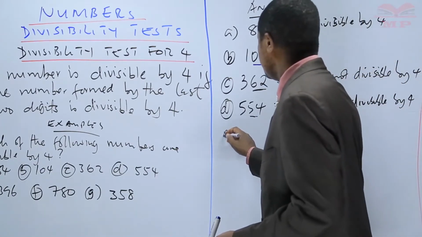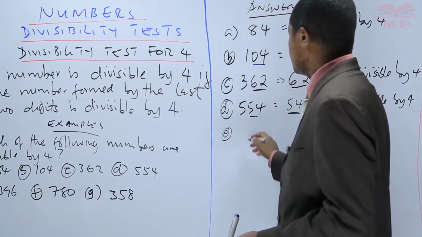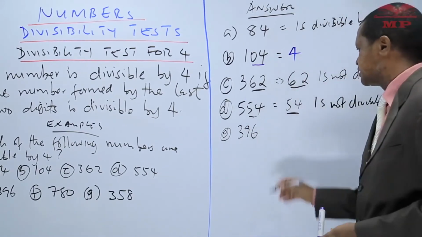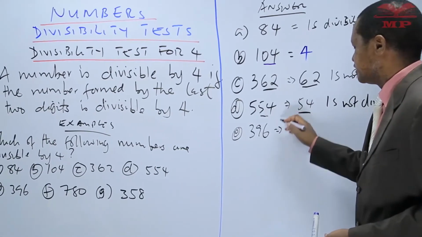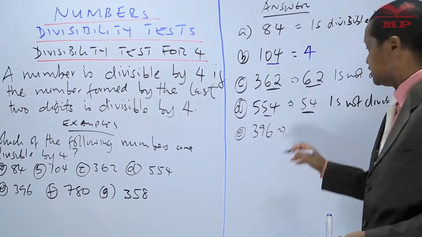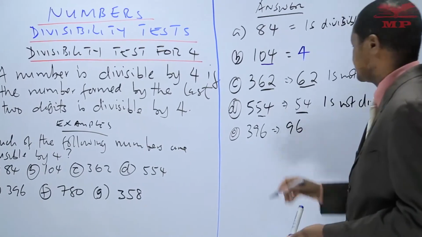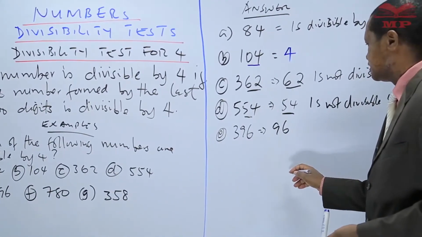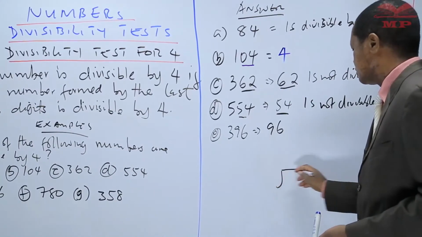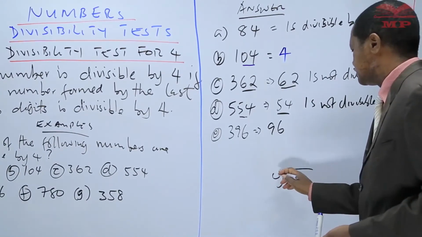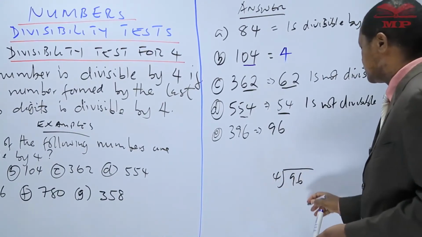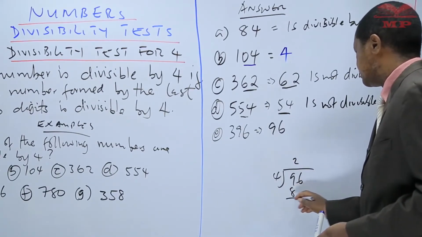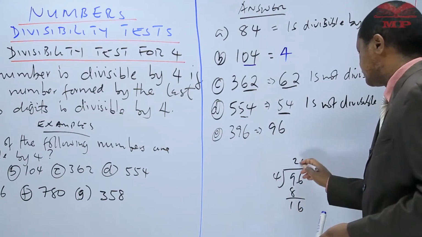Then E, 396. The number formed by the last 2 digits here is 96. So is 96 divisible by 4? 4 goes into 9 2 times, then 8, remainder 1, 16, 4.